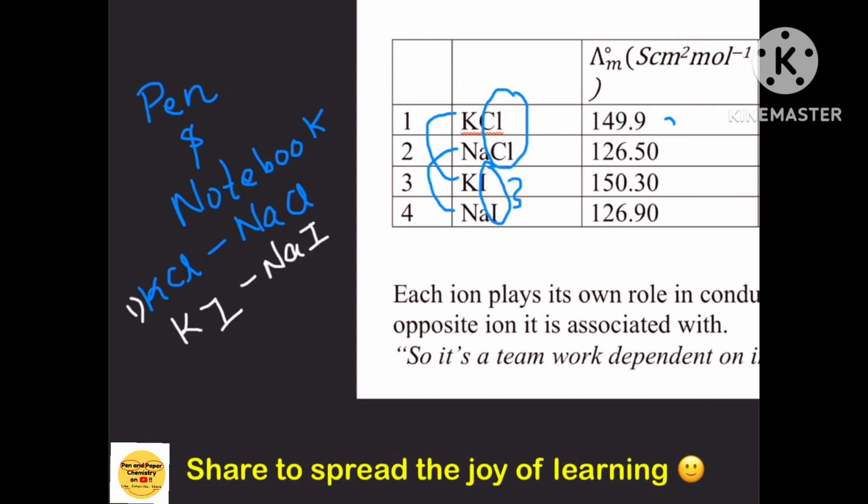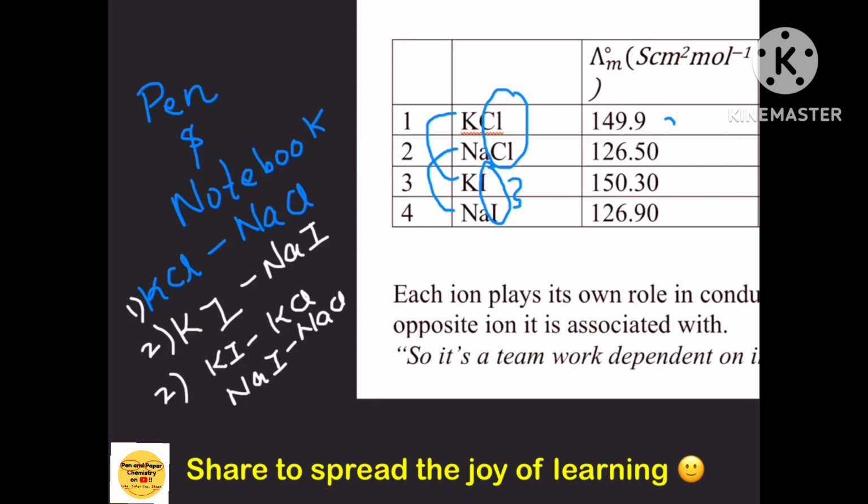So one difference you find out here. Second, keep the cation as constant. Find out the difference between the molar conductivity of potassium iodide and potassium chloride, and also the difference in molar conductivity of sodium iodide and sodium chloride, right?